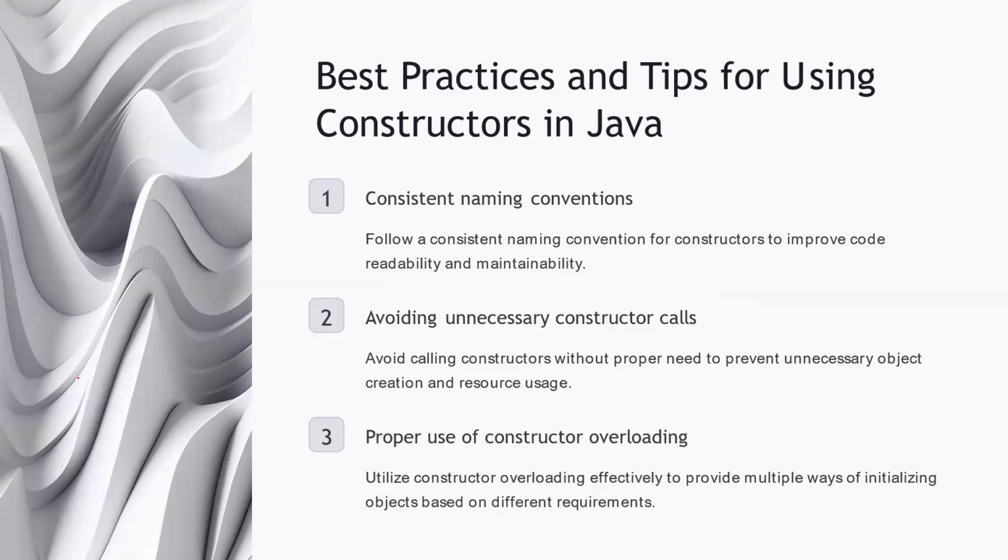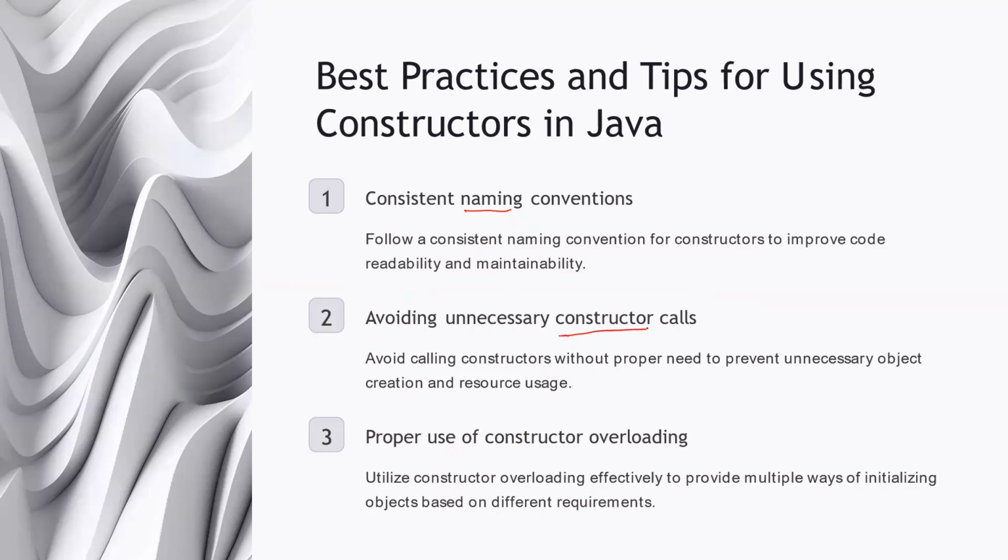Now, what are the best practices and tips for using these constructors? So first thing is consistent naming convention. You need to follow a consistent naming convention to improve the code readability as well as maintainability, features like that. Then avoiding unnecessary constructor calls. If it is required, then you need to call the constructor.